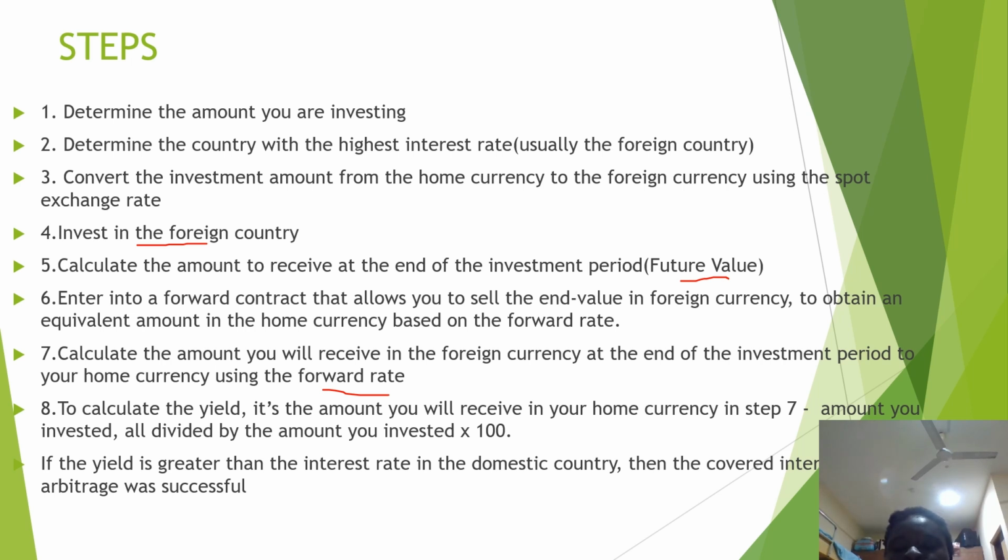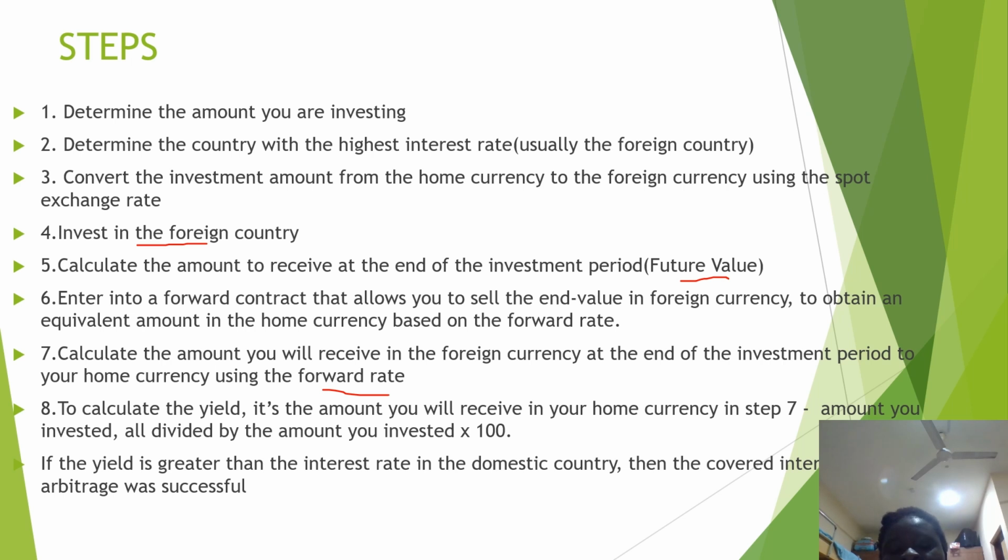But in case you borrowed today to do that investment, your total cost will not only be the 1,000 cedis you borrowed today, but the 1,000 cedis grown by the interest rate that you are paying on it. Then that will become the entire cost that you incurred, so that you'll be able to get the real profit.